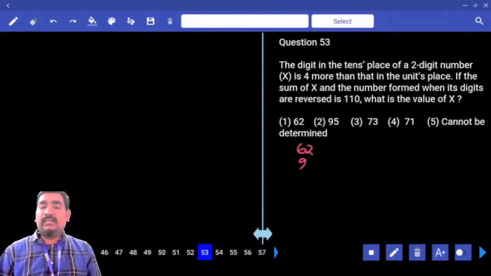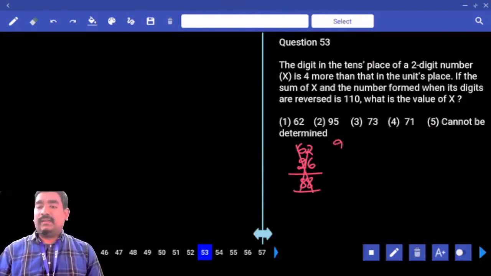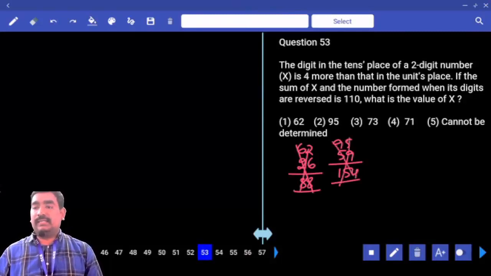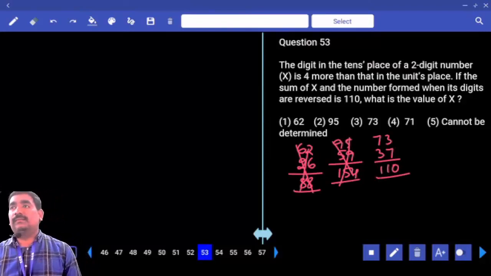If it is reversed, total sum is 88 only, but the sum should be 110. Second option, 95. If it is reversed, 59. Total sum is 154, but the sum should be 110, right? Not your answer. Third option, if it is reversed, total sum is verified or not? That's your answer.